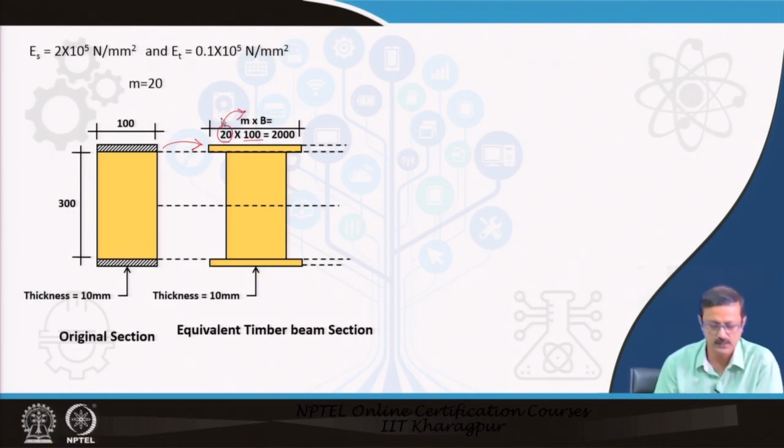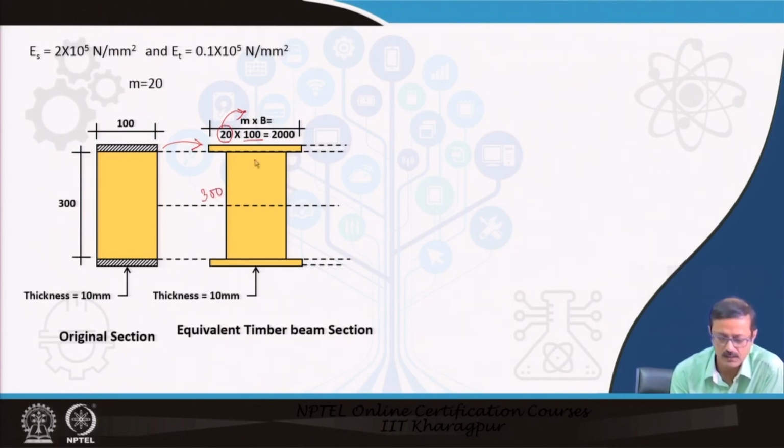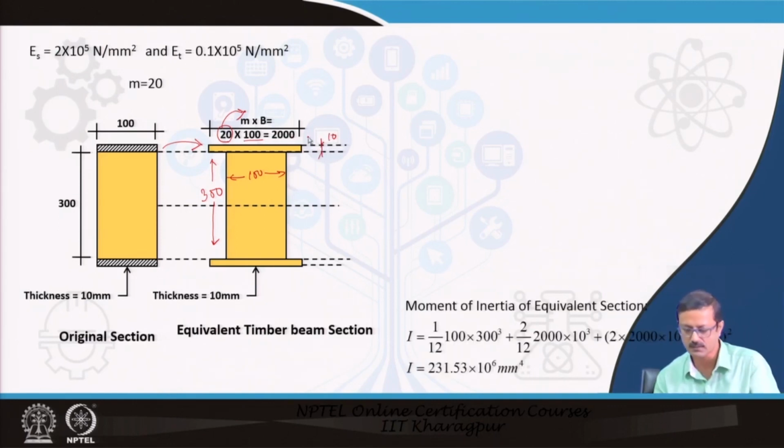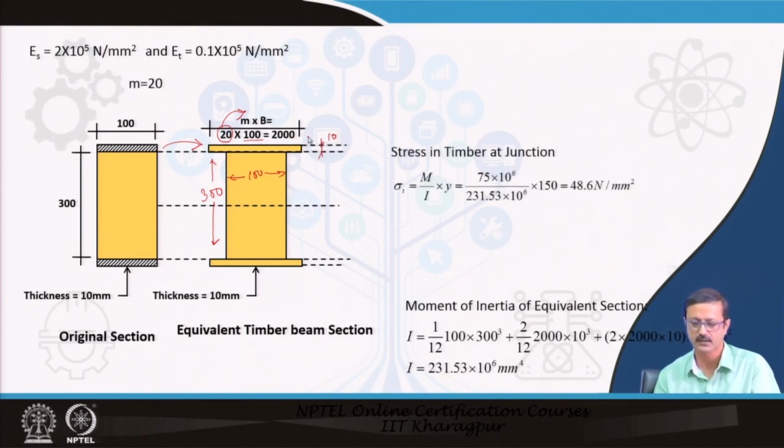So, now the equivalent timber section looks like this: it is as it is 300 by 100, but there are two such enlarged portions of 2000 by 10, and because of that you can find out the moment of inertia, you can find out the sigma t for the stress at the timber junction.